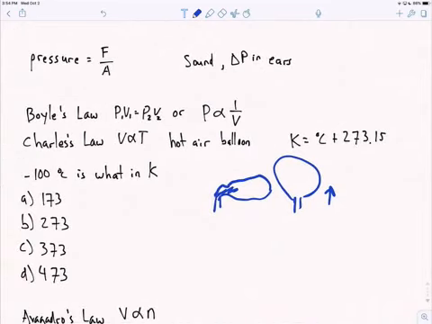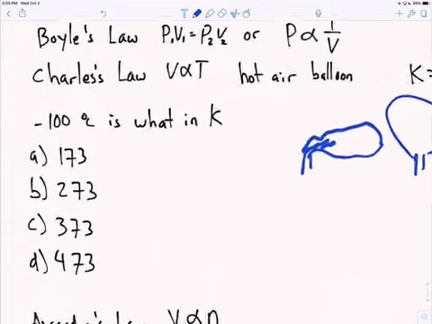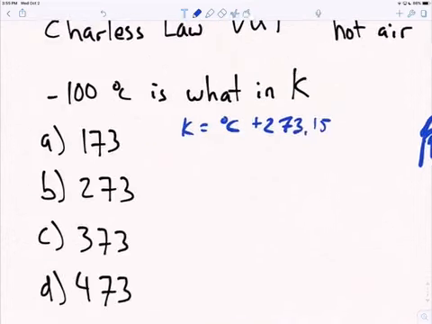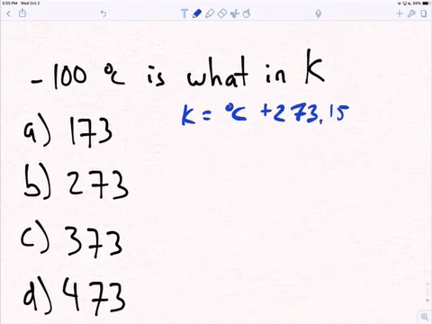Hopefully you understand what temperature is now. Let me see if you're following. Oh, and I should write the equation. Kelvin is degrees Celsius plus 273. So negative 100 degrees Celsius is what in kelvins?